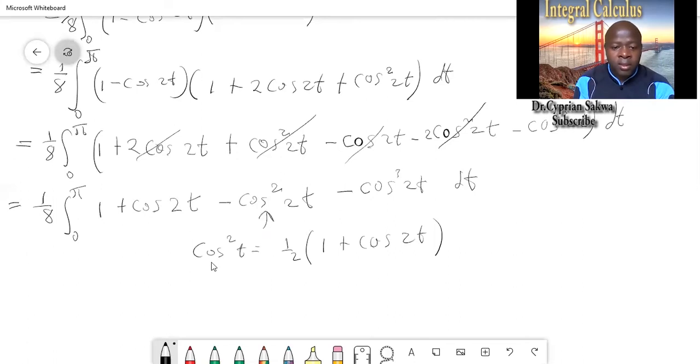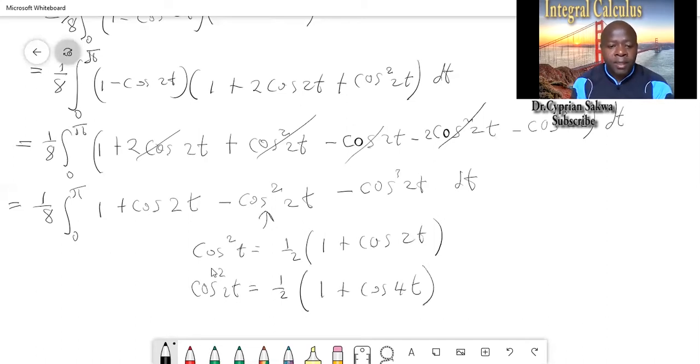Because if this is the case, then we also know that cos square 2t would be a half into 1 plus cos 4t, not square. So if this equals that, then this will be equal to this. So it's this, in fact, that we shall substitute here. And then this one we shall write in terms of sine.